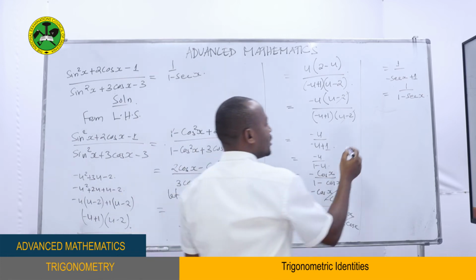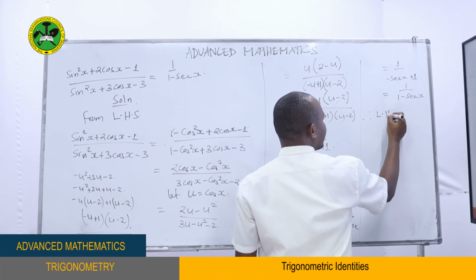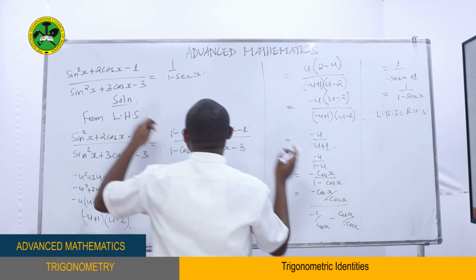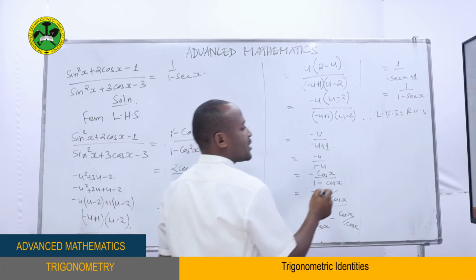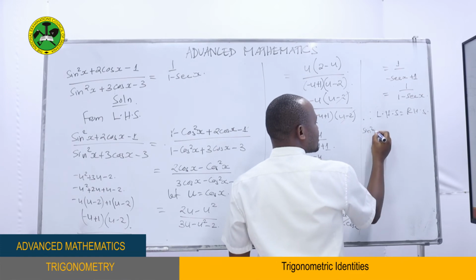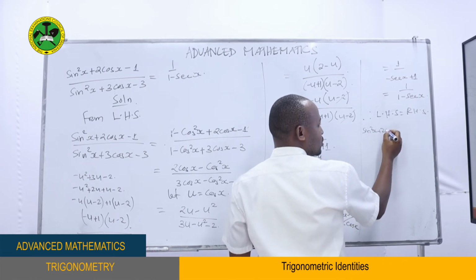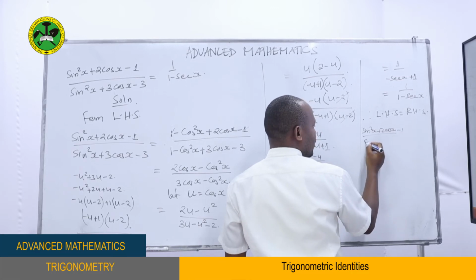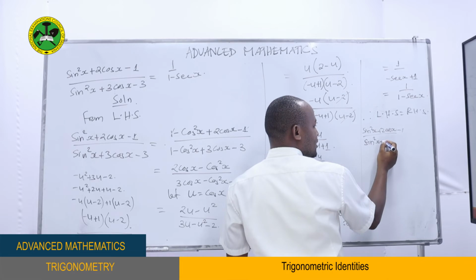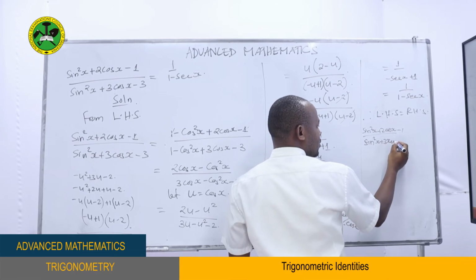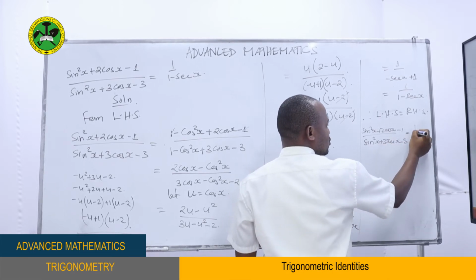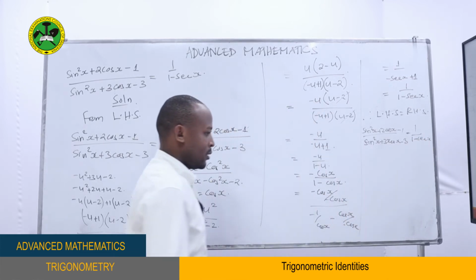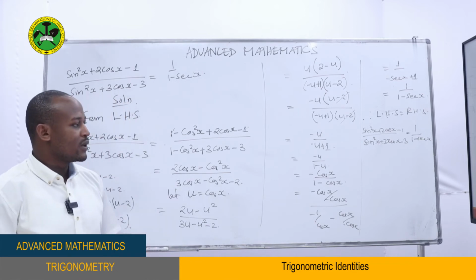That means, let's conclude, therefore left hand side is equal to right hand side, and that expression is true. That means, therefore, sine square of x plus 2 cos x minus 1 over sine square of x plus 3 cos x minus 3 is equal to 1 over 1 minus sec x. And that is how you conclude the question.